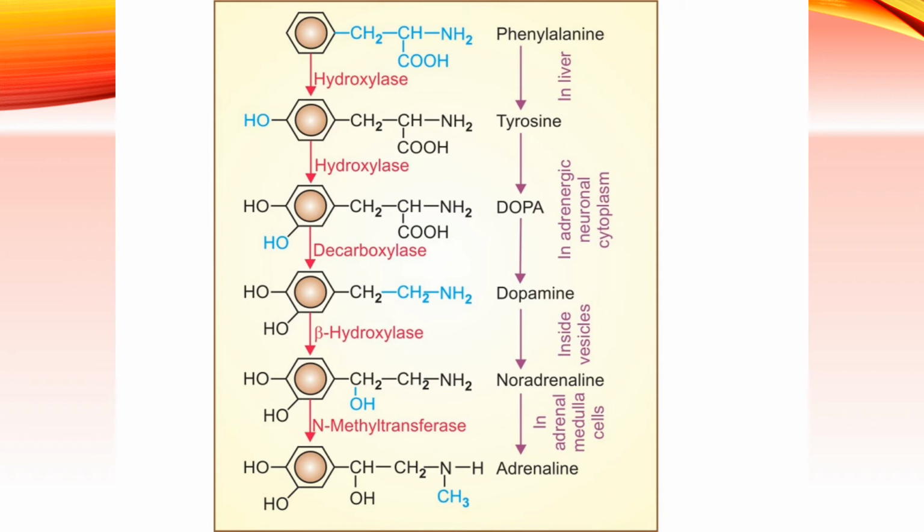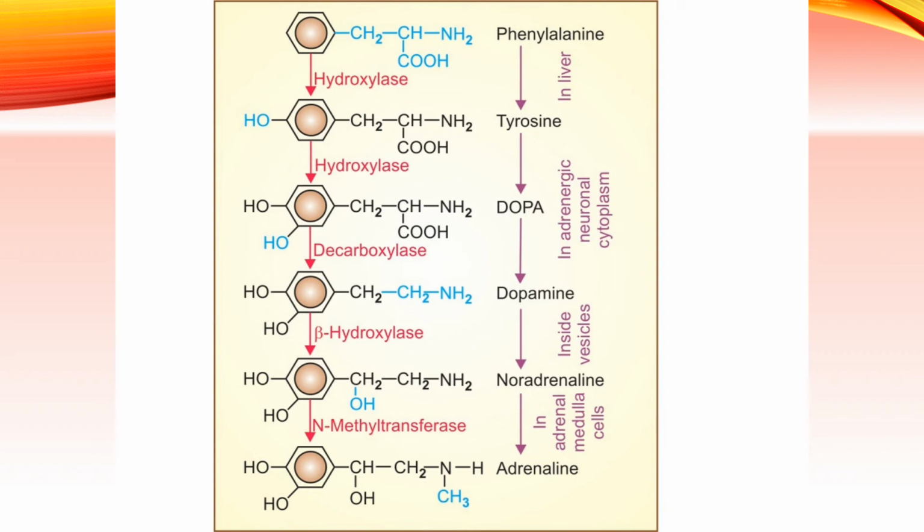So I have shown you here, using this figure, the synthesis of our catecholamines in the body. It starts with phenylalanine, an amino acid. In the liver, it will be converted by hydroxylase to become tyrosine, and then it will be converted again by hydroxylase to become dopa.